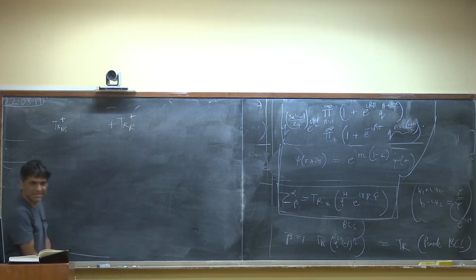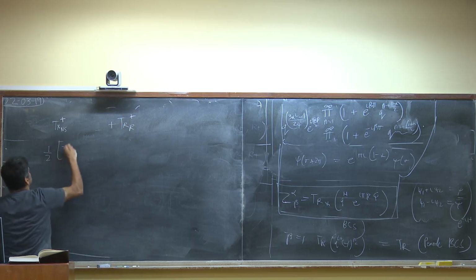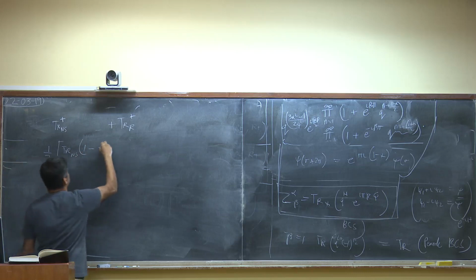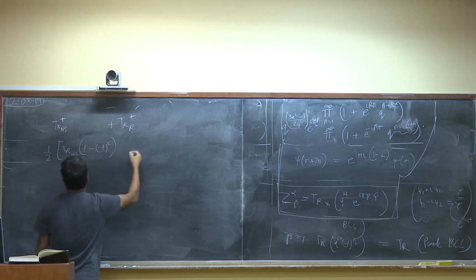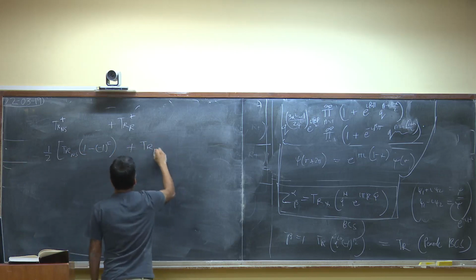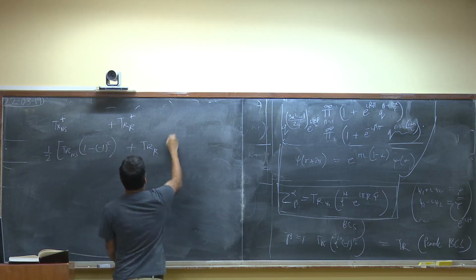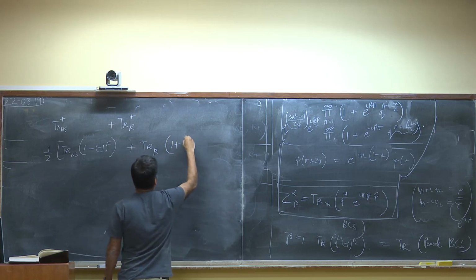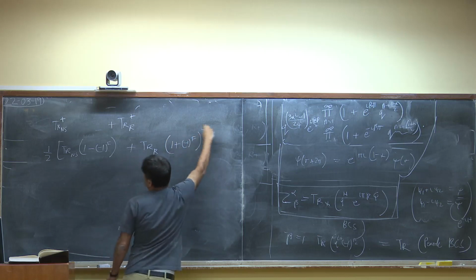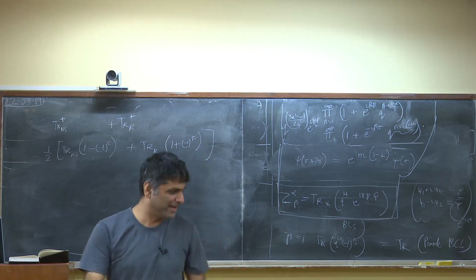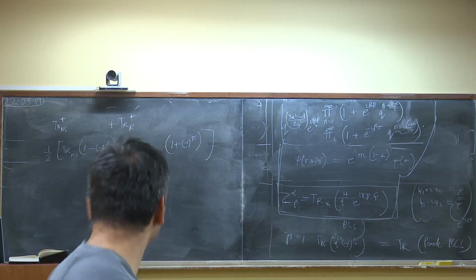Let's say we were interested in this. This was equal to half trace NS into 1 minus, as Indranil pointed out, 1 minus (-1) to the power F, plus trace in the Ramond into, we could say either plus or minus, that doesn't matter very much, 1 plus or minus (-1) to the power F. One of the two sides will have 1 plus, the other will have 1 minus. We'll want both of them.